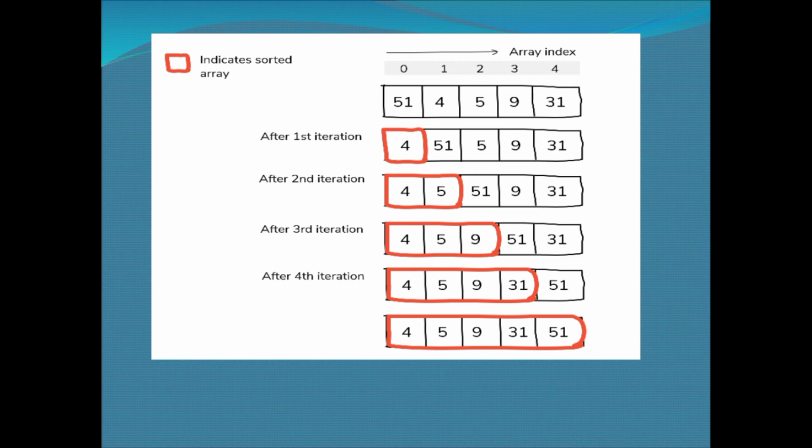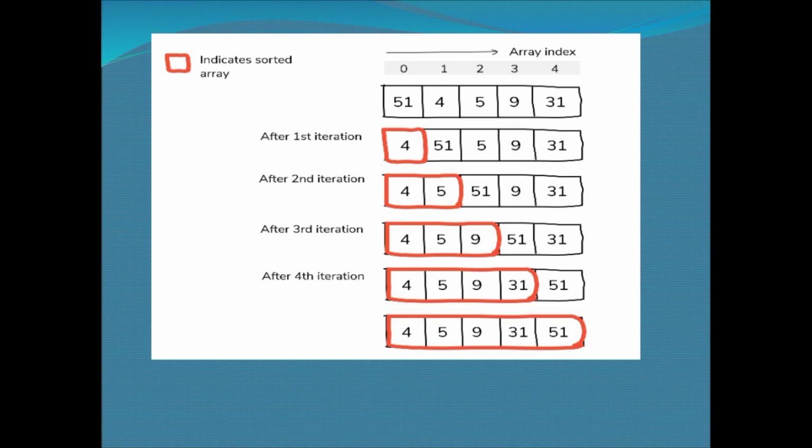First I searched for my smallest element in the array, it is 4. I placed it at the zeroth location, and my zeroth location element, that is 51, goes to the first location where 4 was stored. That is my first iteration.